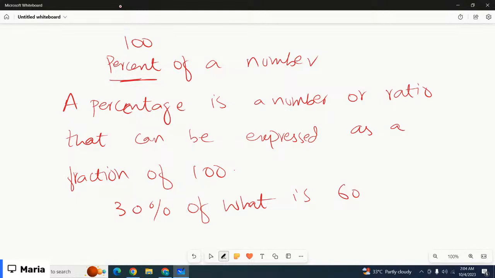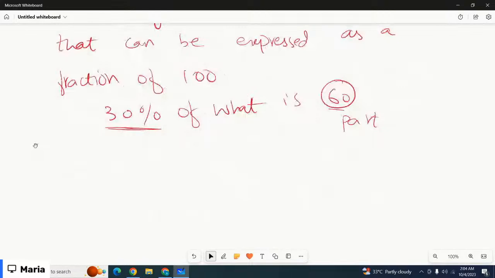You are given that 30% of some number is 60. You need to calculate the number, right? So how do you calculate 30% of what is 60? 60 is the part of the whole. You don't know what the whole is. You need to calculate the whole, right?